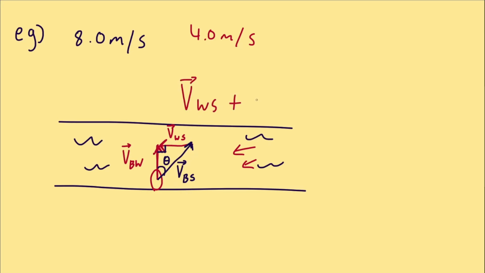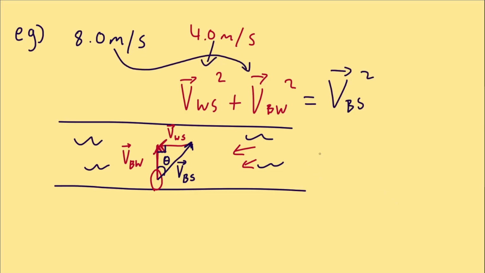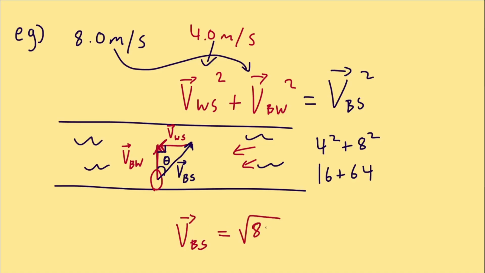VWS squared plus VBW squared is equal to VBS squared. Substitute in our values and you get 4 squared plus 8 squared, which is 16 plus 64, which means that the velocity of the boat relative to the shore is equal to root 80. But that's not what we're looking for.